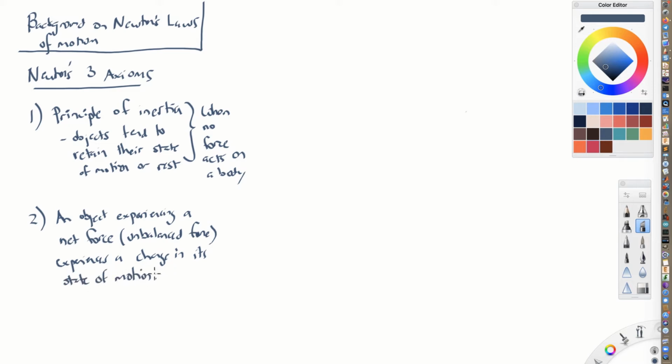Newton would call it its quantity of motion. Newton calls this its quantity of motion, and nowadays we call this momentum.